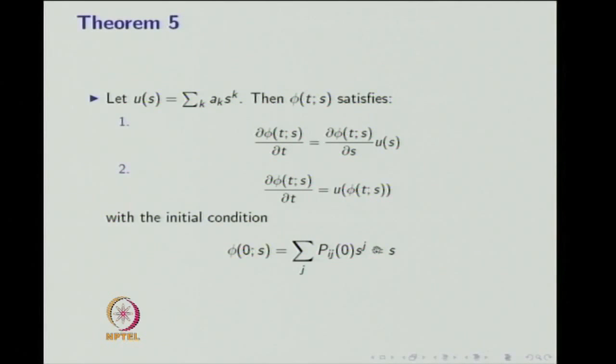So Theorem 5 gives the partial differential equation and the ordinary differential equation satisfied by the probability generating function of P_ij(t).